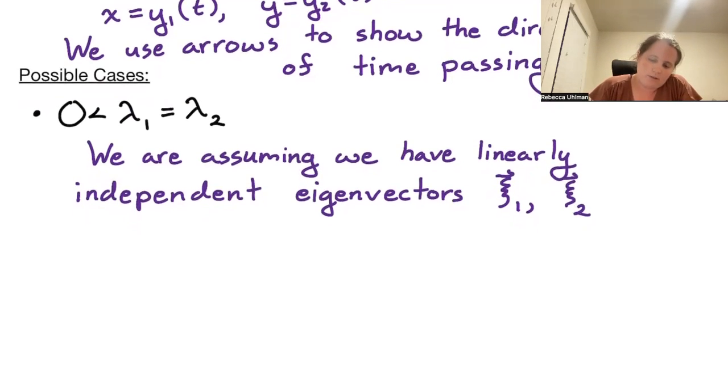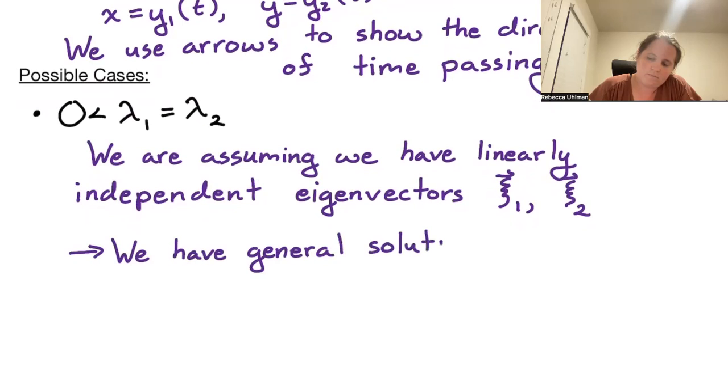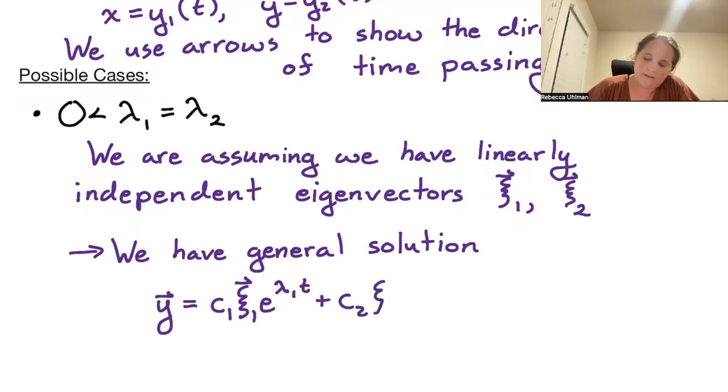So we have general solution Y is equal to C1 times Xi1 times e to the lambda 1t plus C2 Xi2 times e to the lambda 1t.